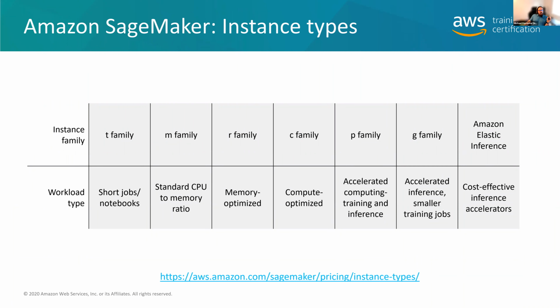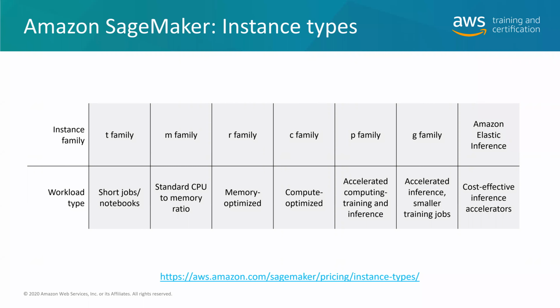Now, I will tell you that the mid-range and below P and G families are going to provide GPUs to you, as we talked about on day one, but they're not going to be as cost effective as running a C family and then attaching an Amazon Elastic Inference, which is really just a set of GPUs, to the actual C family. So just know that generally using Elastic Inference is going to be cheaper than running one of the big honking P and G boxes. Okay. Plus you can just strip it off when you're done.